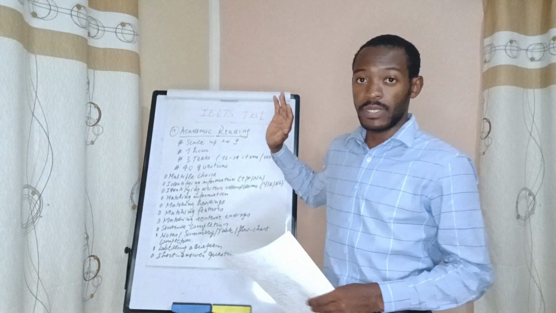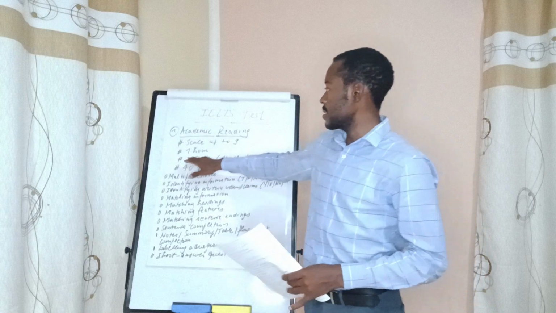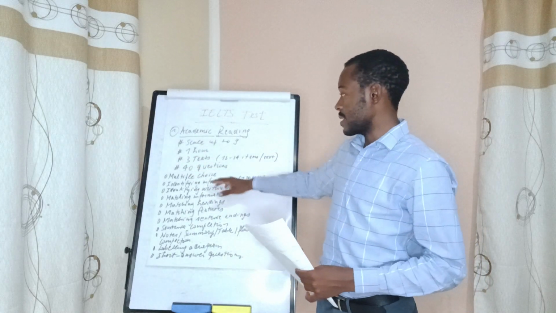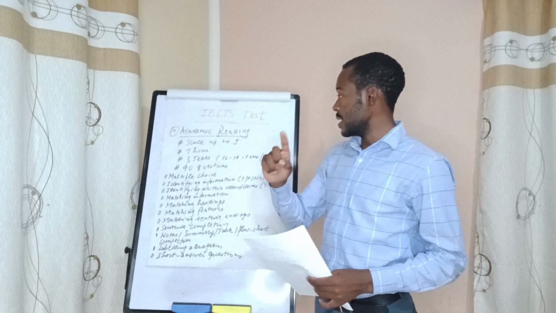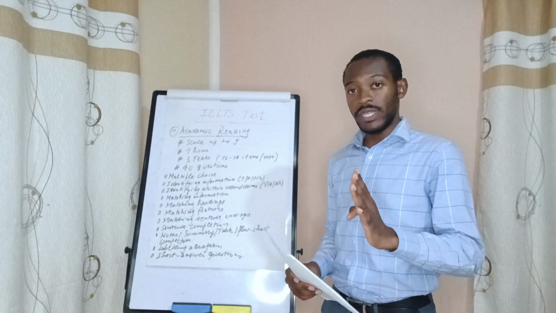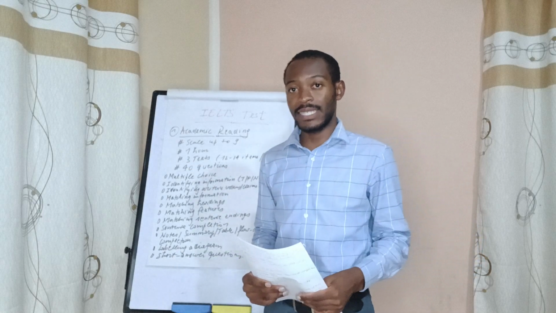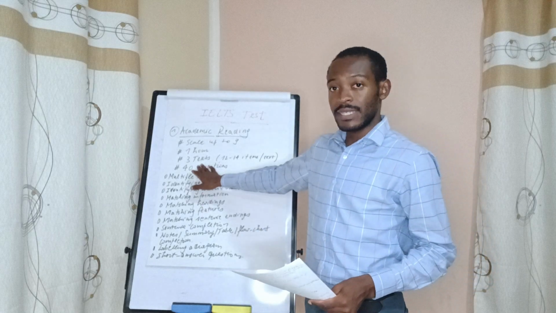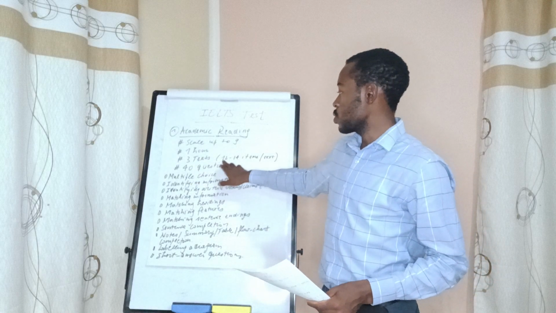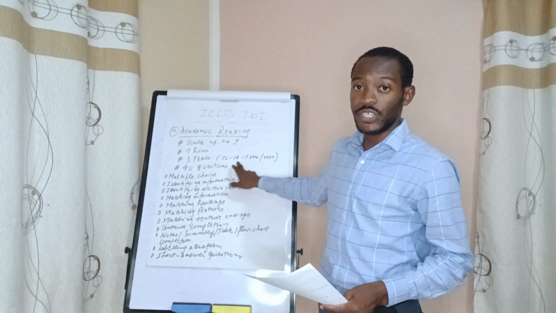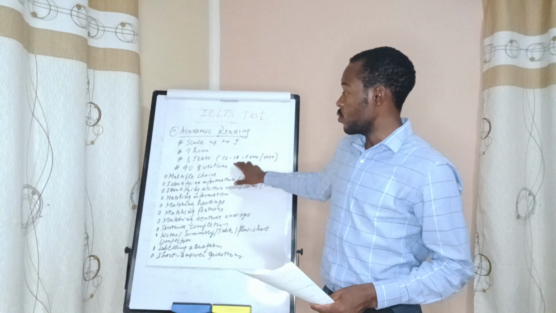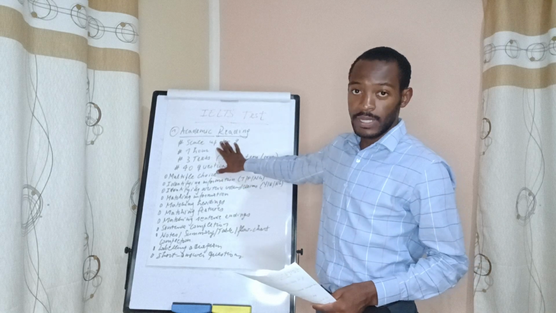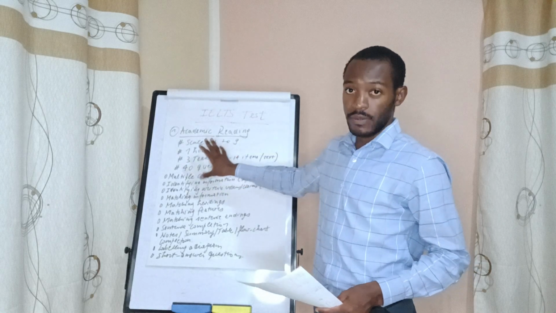The time allotted for this part of the test is 1 hour, and it has 3 different texts. Each text has 12 to 14 questions, which makes a total of 40 questions for the academic reading.